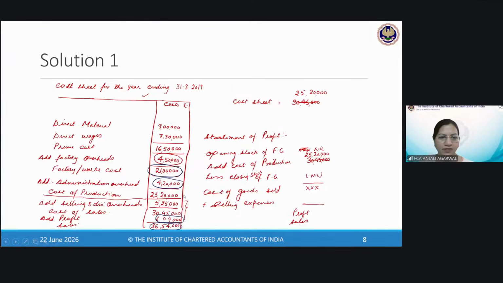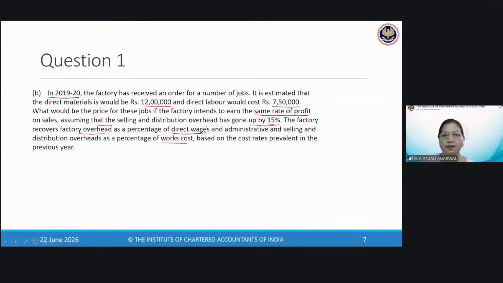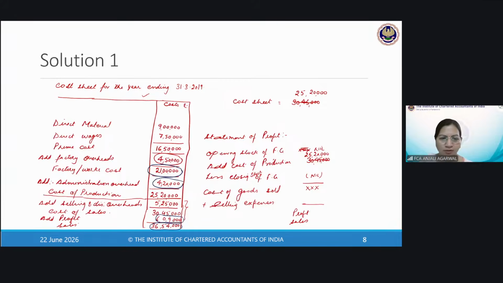So we have been told that in part B, we want to earn the same rate of profit on sales as was there in 2018-19. So how much was the profit on sales? 6,09,000 on 36 lakh 54,000. This fraction will also say 1 by 6, which is equal to 16.66.